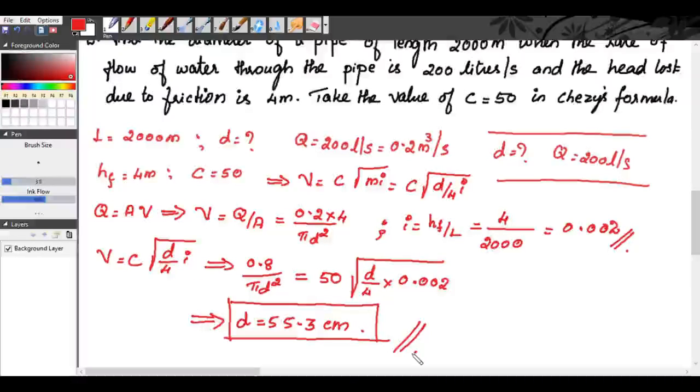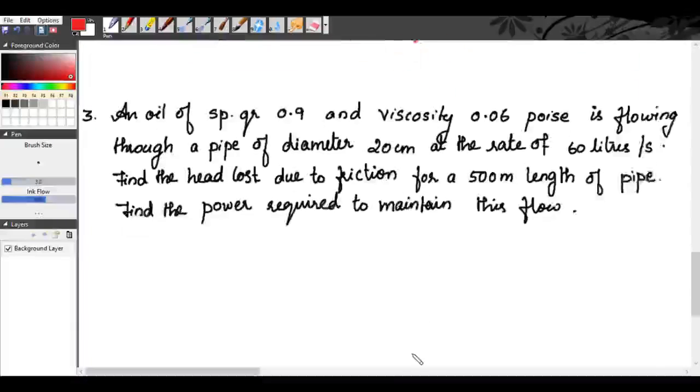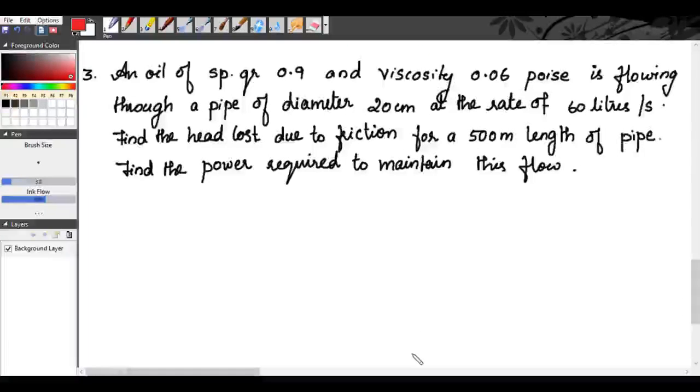We will move on to the third problem. The third problem is an oil of specific gravity 0.9 and viscosity 0.06 poise. Here viscosity is given in poise, that means it is dynamic viscosity.